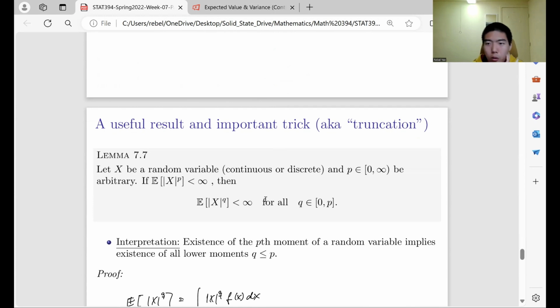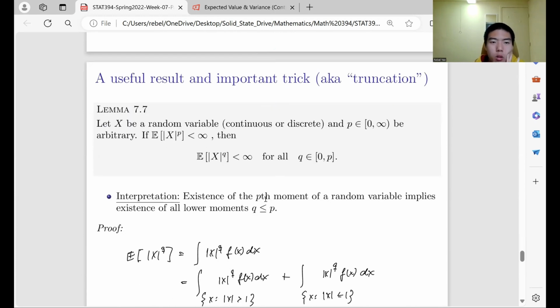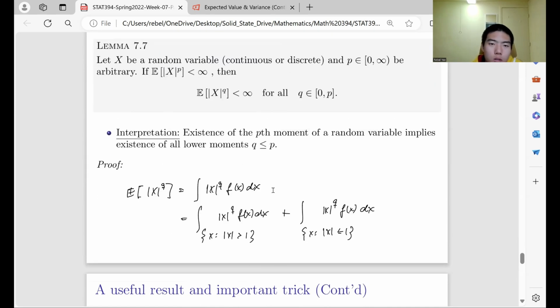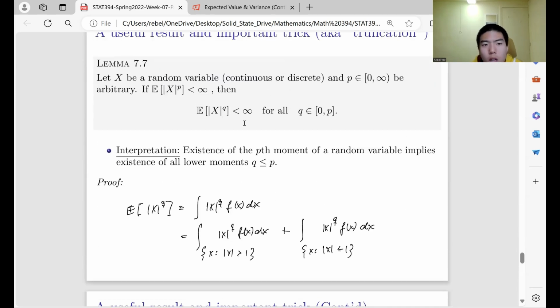And in the last minute, I want to introduce two important results when we are dealing with expectations and variance of transformations of random variables. The first one is very easy to think about. If X is a random variable, either discrete or continuous, and if the expectation of |X| to the power p is smaller than infinity, then the expectation of |X| to the power q is smaller than infinity.